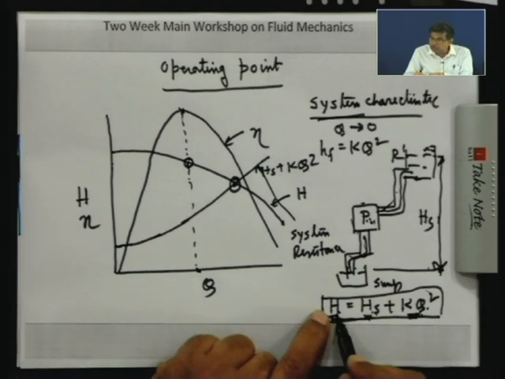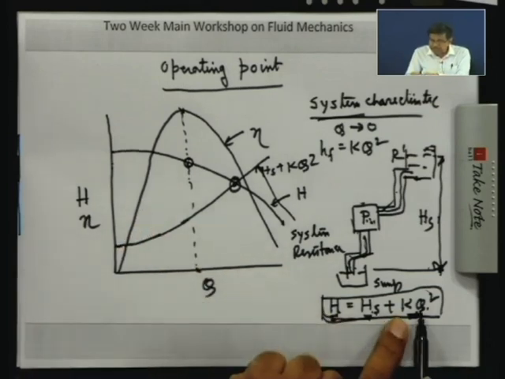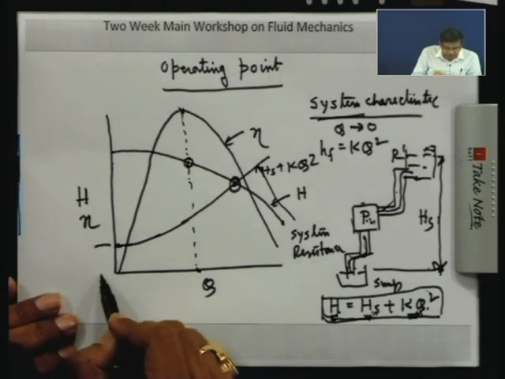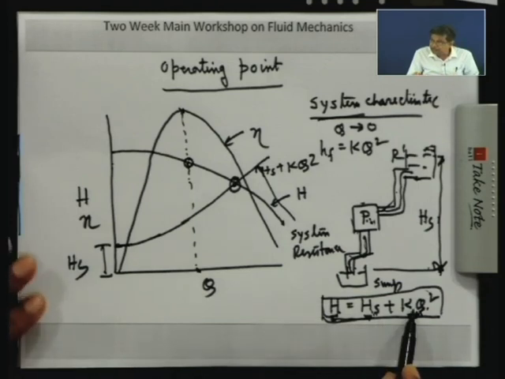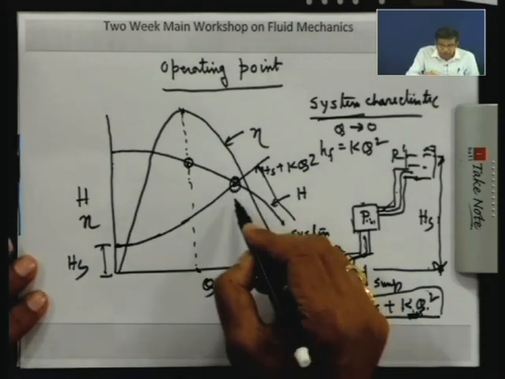That must be equal to the head developed, as was told in the pipe flow problem: the developed head, that means the head causing the flow, is equal to the resistance Kq square plus the static lift. This is the static lift Hs. So, this is an equation of the A plus Bq square type. This is actually the operating point.